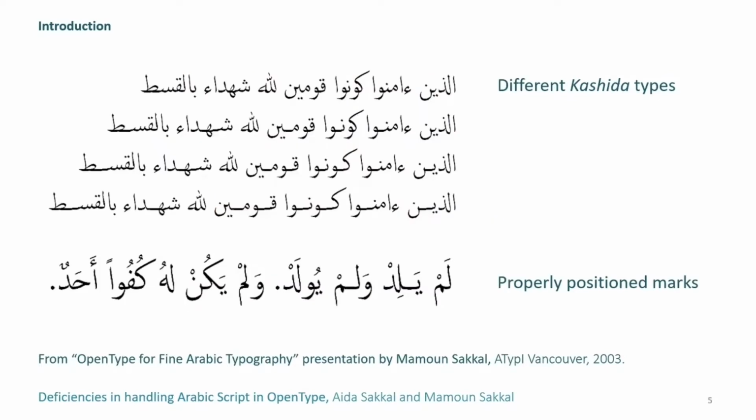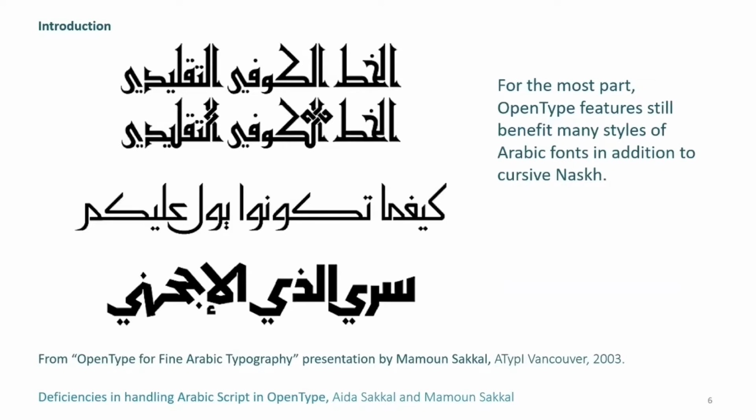The ability to have multiple kashida or tatweel was especially exciting, as well as fine control over the position of vowel marks. And these benefits extended to all types of Arabic fonts. These features are still extremely useful today, although many have already become quite expected and normal.